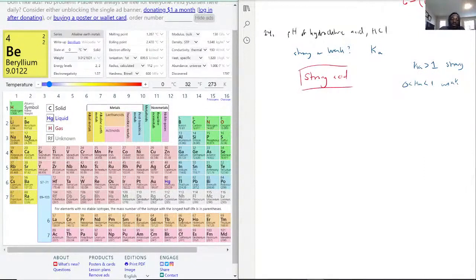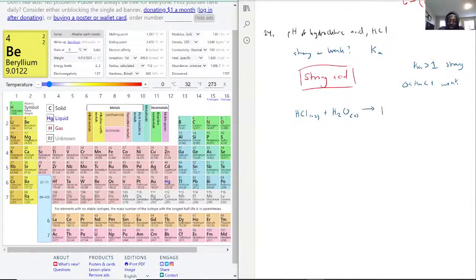Now you're probably wondering, so for Gerald, why does that matter when it comes to figuring out the pH? It matters because when you write the formula down, it dissociates completely. HCl plus H2O. Okay, there's no backwards arrow.